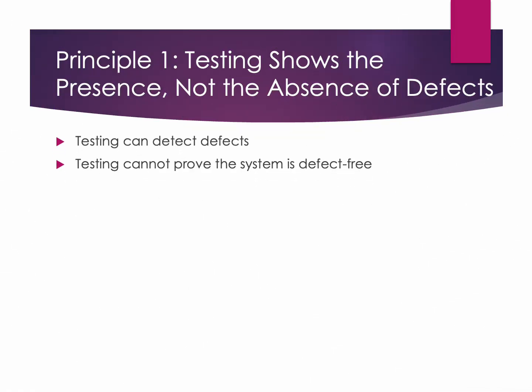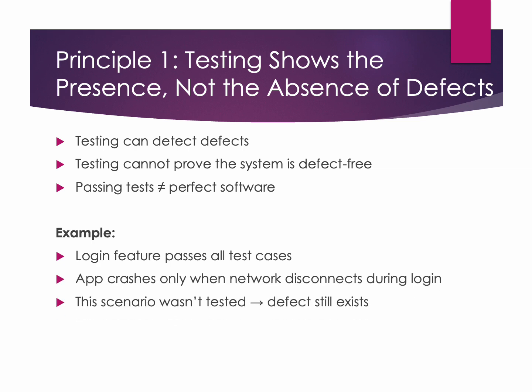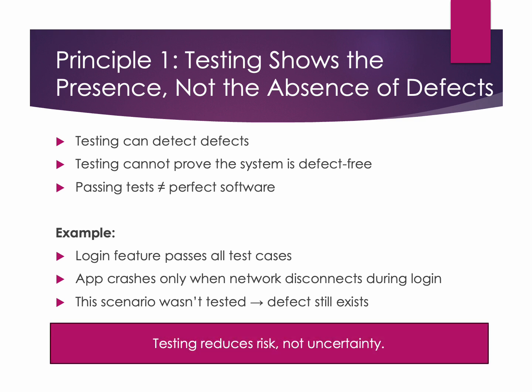Let's start with the first one. This principle simply says testing can find defects, but it can't prove the software is perfect. Even if all your test cases pass, it doesn't mean there are no bugs. It only means that no bugs were found in the scenario you tested. For example, you test a login feature.